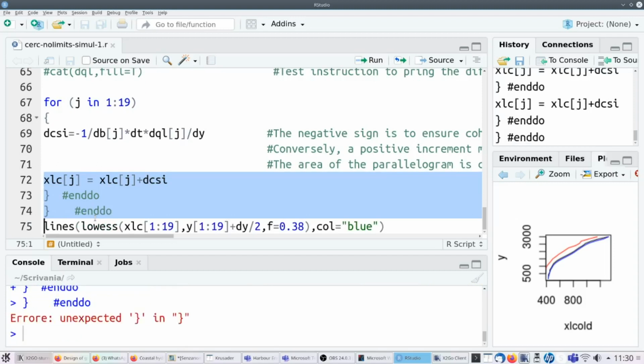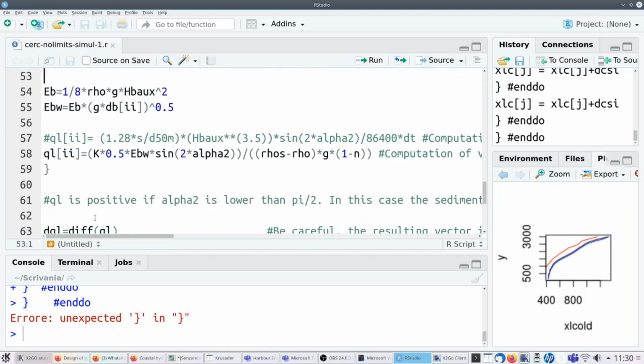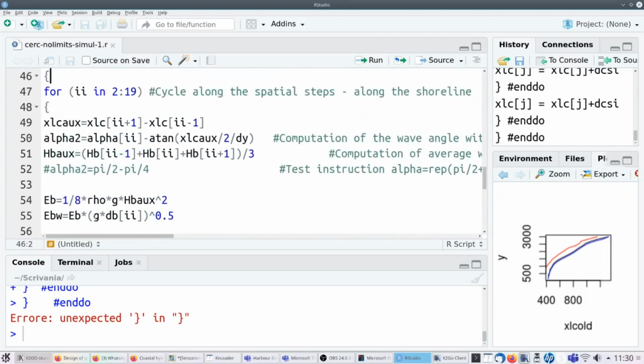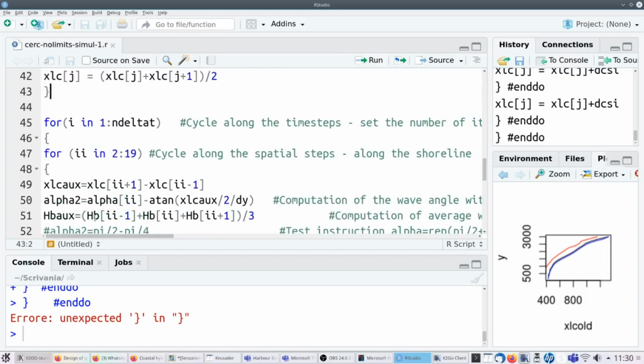Now there is an error because I think I forgot some instructions, and the way we have to remove this error is to execute the code again from the beginning of the for cycle, because probably I forgot something. I forgot a curly bracket.